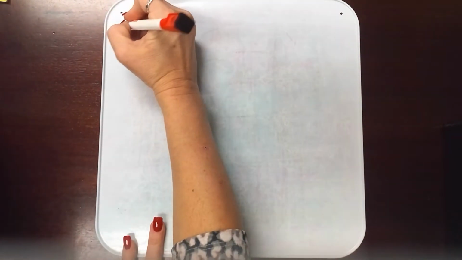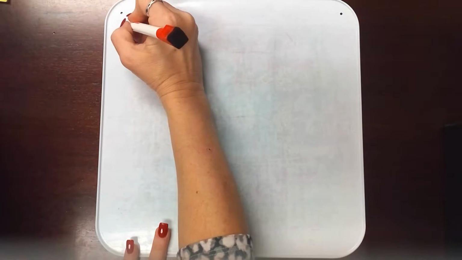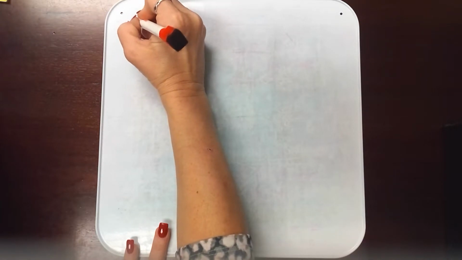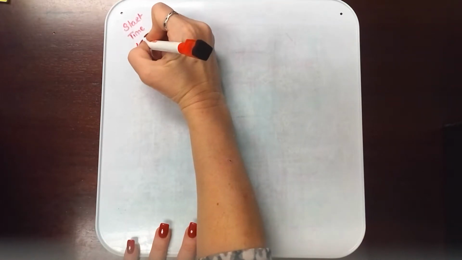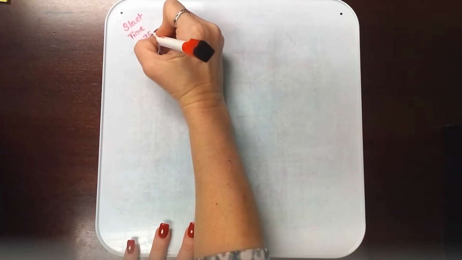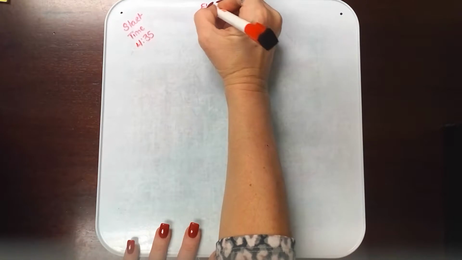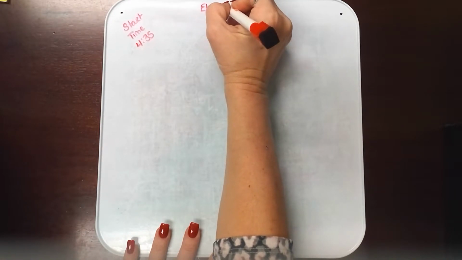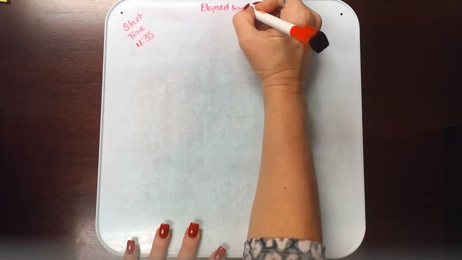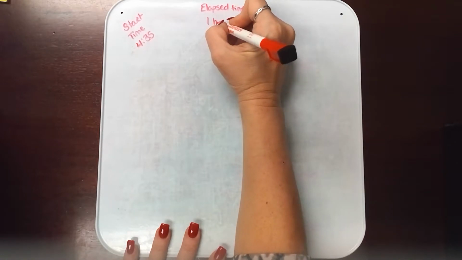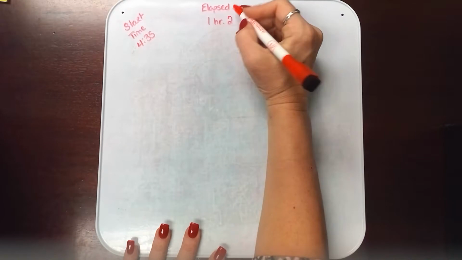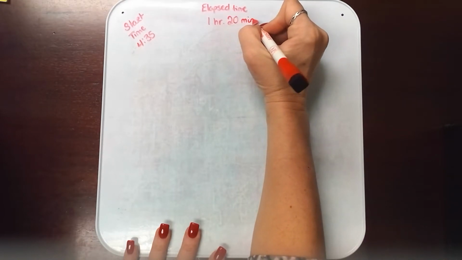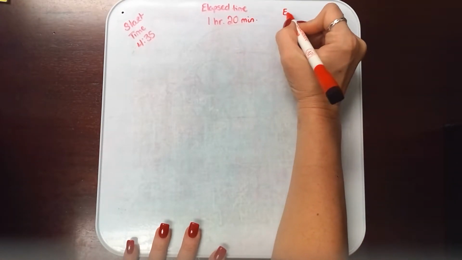Let's say I've given a start time of 4:35, and I'm given the elapsed time of 1 hour 20 minutes, and I want to know the end time.